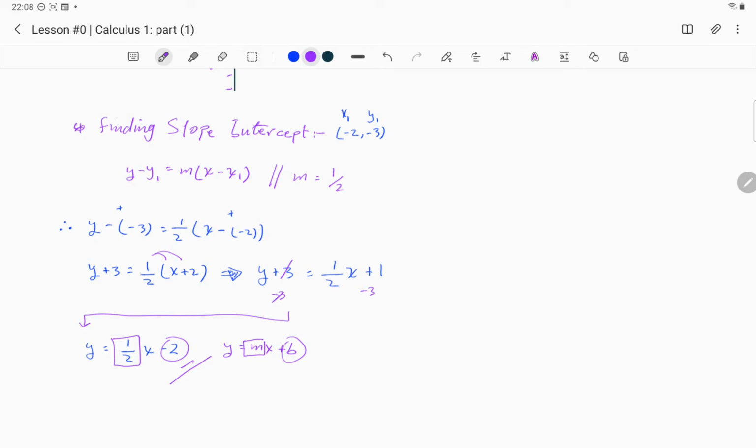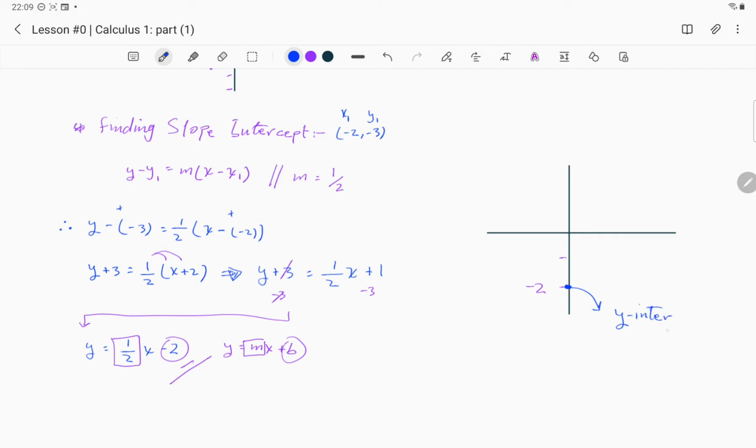If you want to draw it, let's point out the y-intercept. As we said, b is the y-intercept and it's -2. This is -1, -2, right? This is -2, and this is the y-intercept.